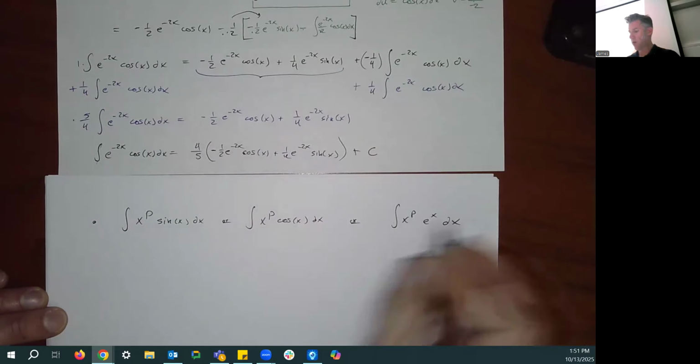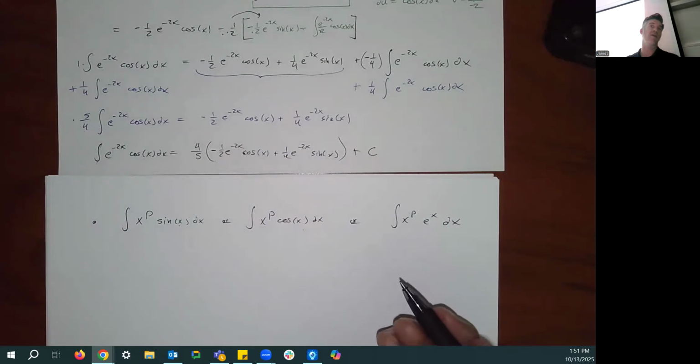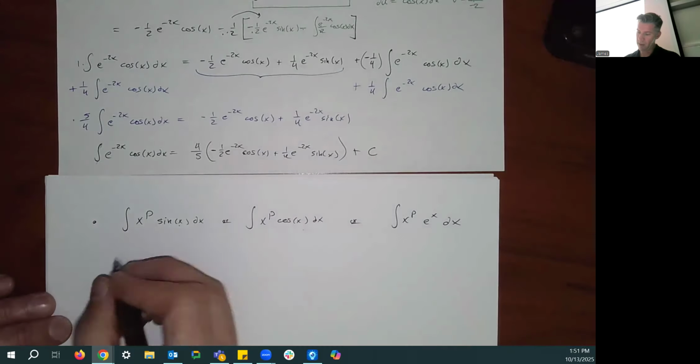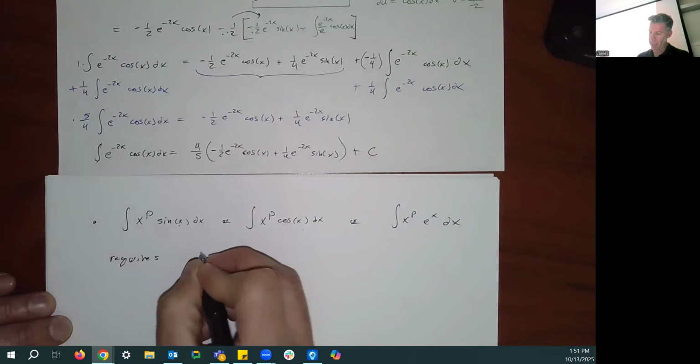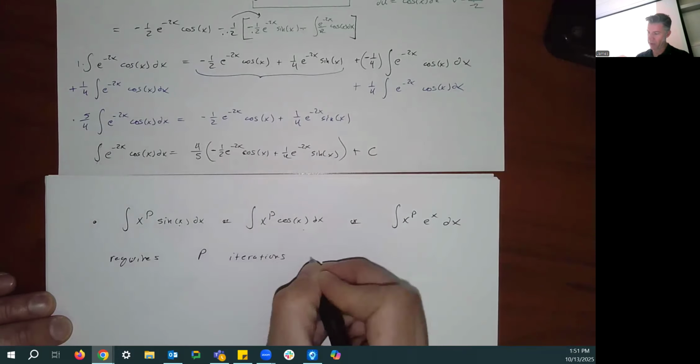And really, I'm saying x here and x here and x here. It could be a multiple of x. It could be e to the 3x or cosine of 5x or sine of negative 2x. Each of these integrals requires p iterations of integration by parts.